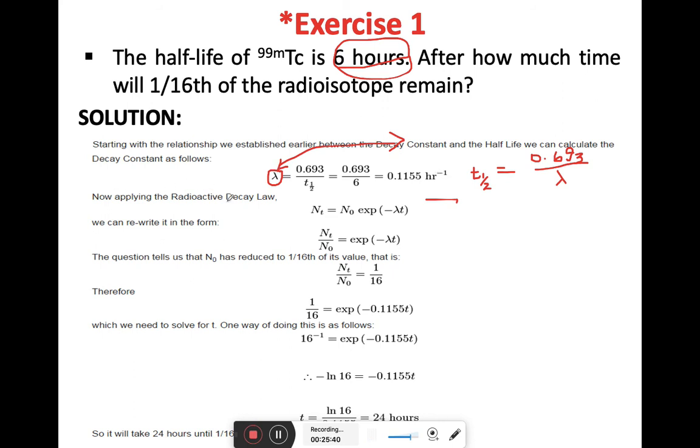Now if we apply the equation that we discussed previously, I think this one is the second equation. N over N naught equals exponent, so if I write it down, it is similar to this one.